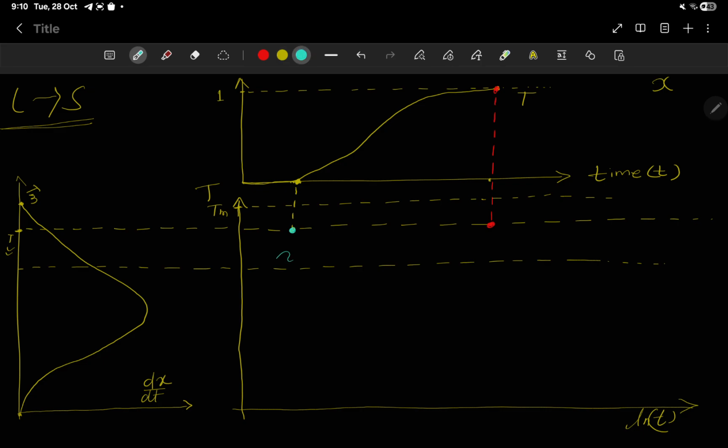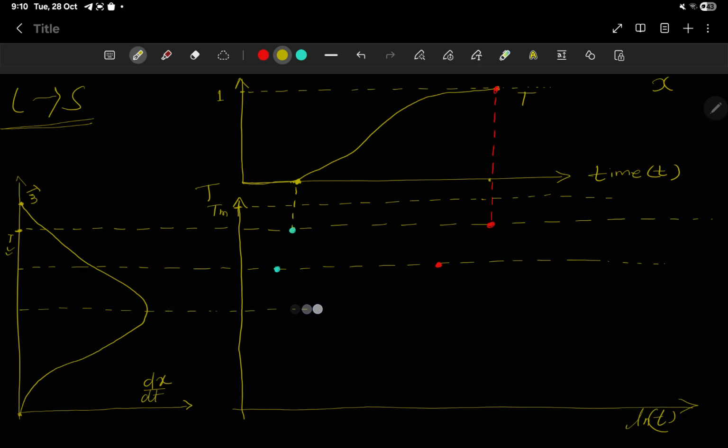So we get the start point at some early location, and the end point also at some early location.